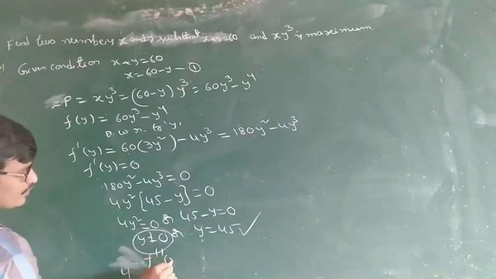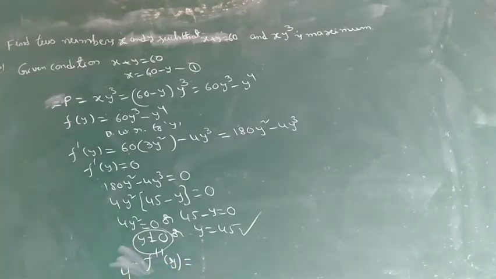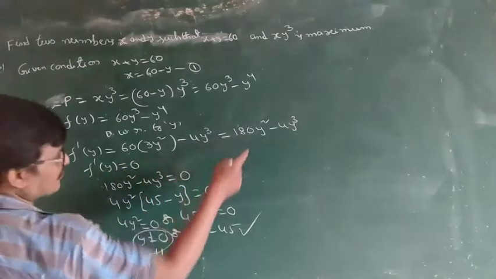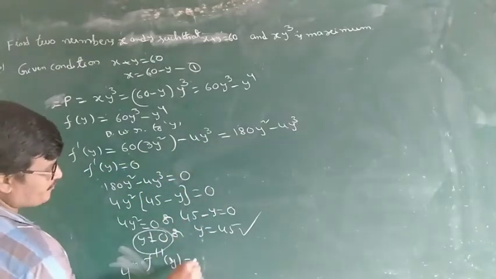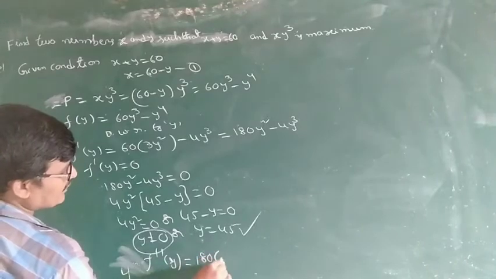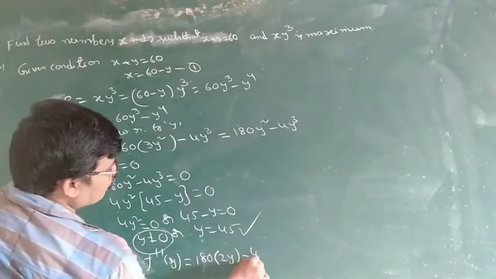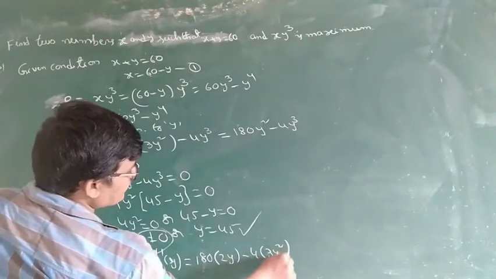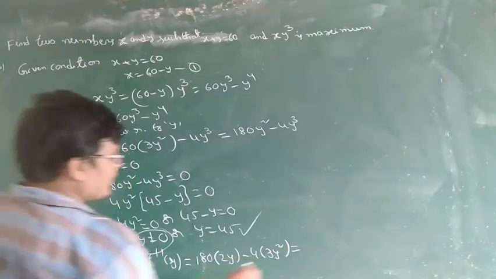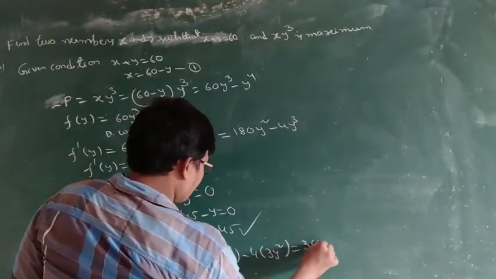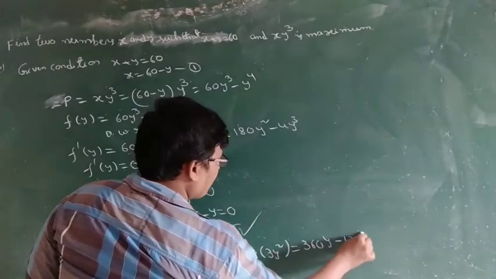Apply the second derivative test. F double dash of y: 180 into the derivative of y square, 2y, minus 4 into the derivative of y cube, 3y square. So 360y minus 12y square.